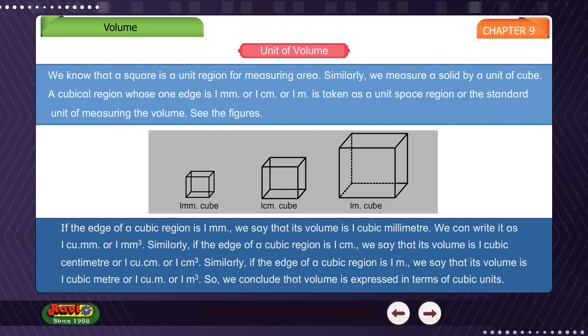Similarly, if the edge of a cubic region is 1 meter, we say that its volume is 1 cubic meter or 1 cu.m. or 1 m cube. So, we conclude that volume is expressed in terms of cubic units.